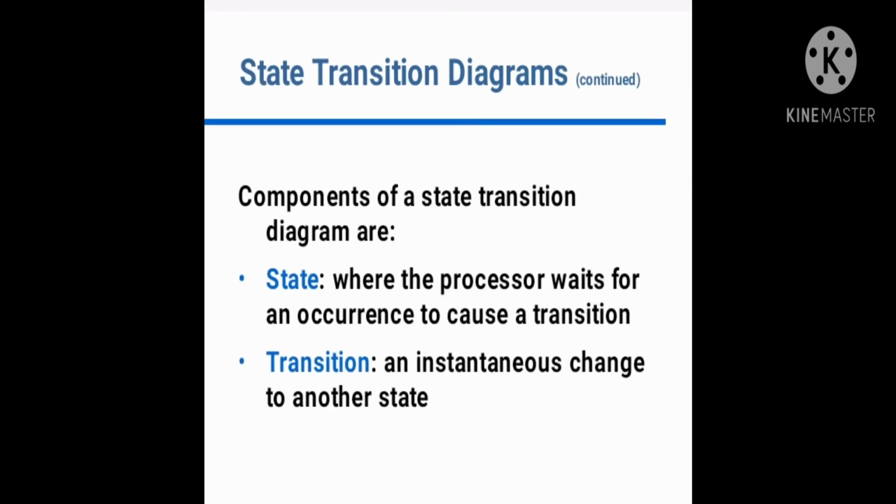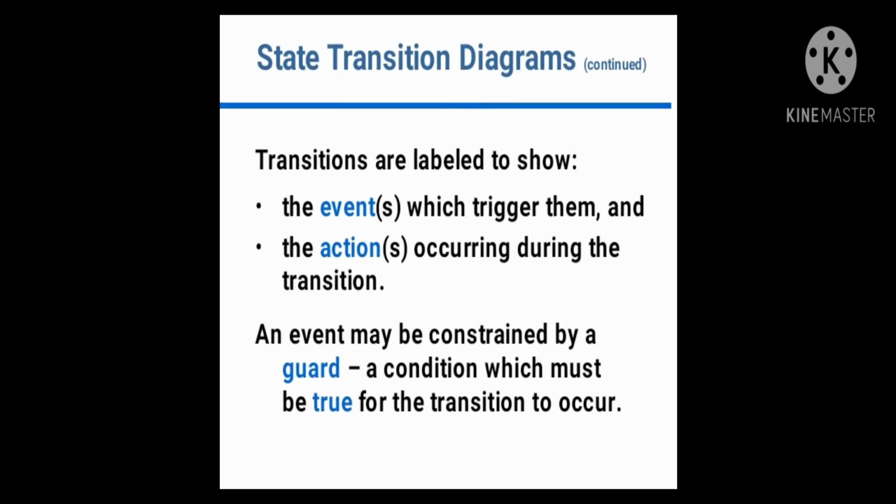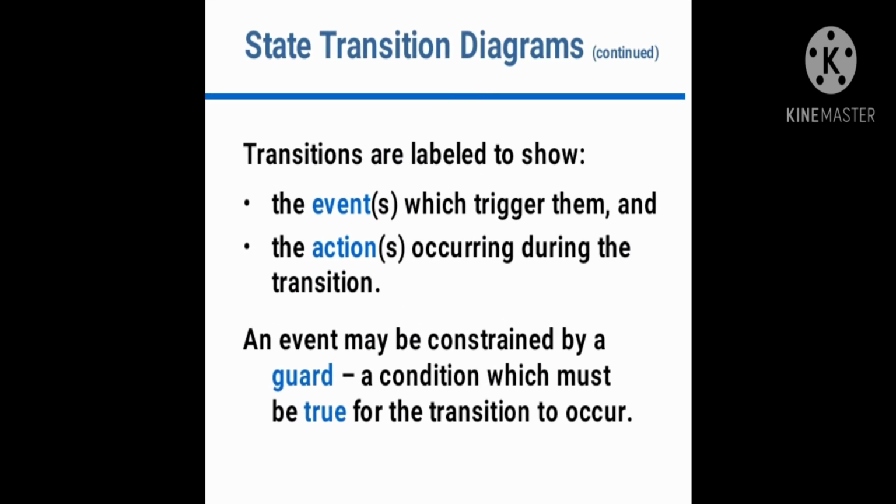Components of a state transition diagram are: state, where the processor waits for an occurrence to cause a transition; and transition, an instantaneous change to another state. Transitions are labeled to show the events which trigger them and the actions occurring during that transition.